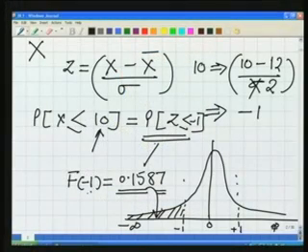The meaning of this is the probability that z will have a value less than equal to minus 1, this area, is this value. So, we can say again that for our original variable x, the probability that x is less than equal to 10 is 0.1587. So this is how we make use of the normal curve in order to determine the values.